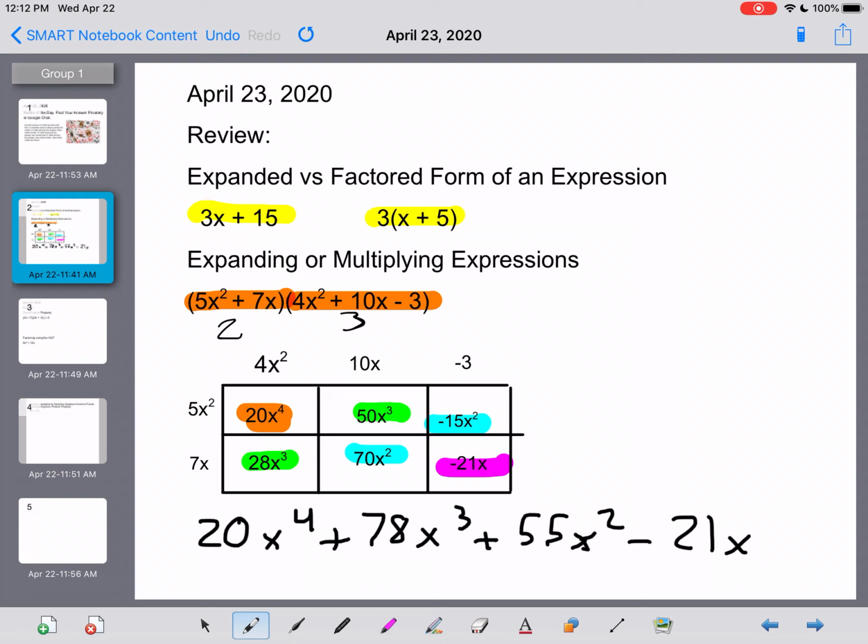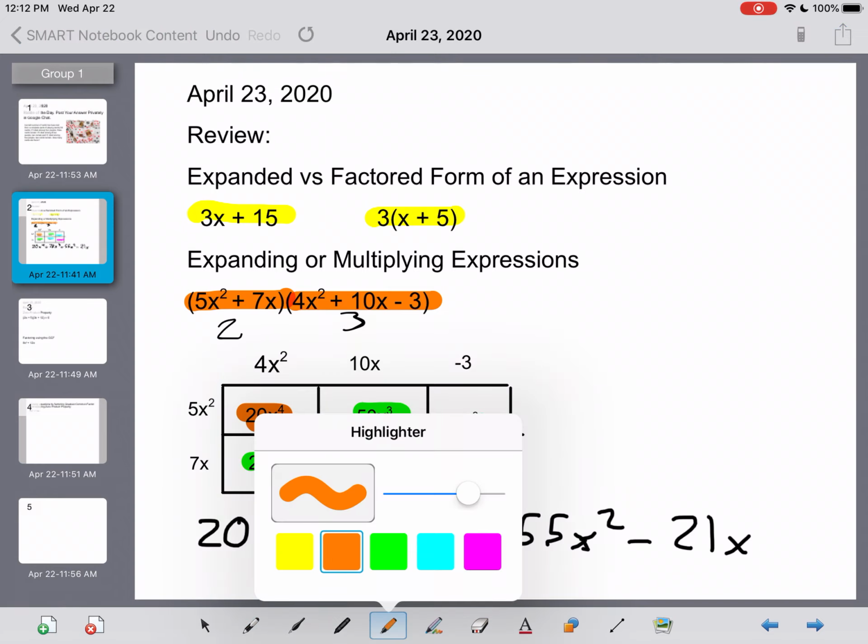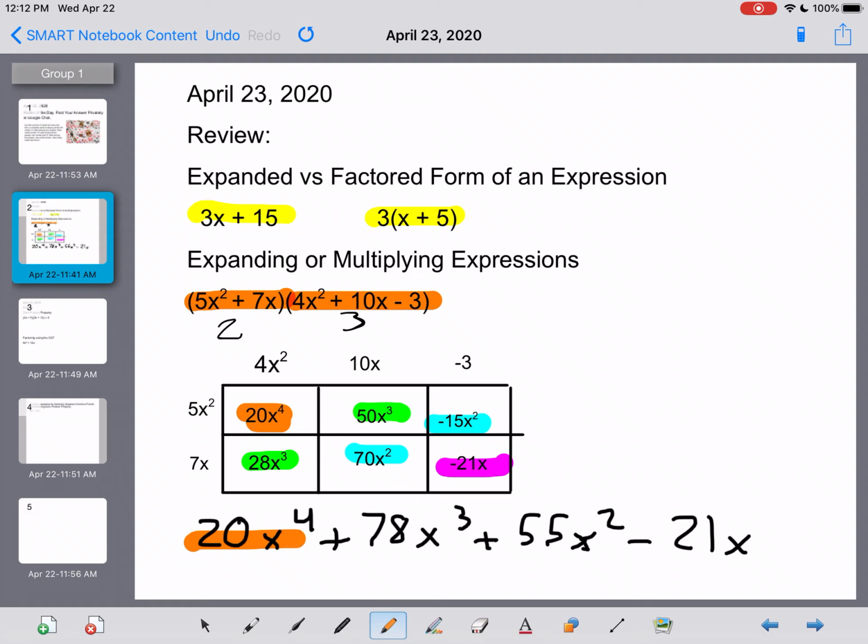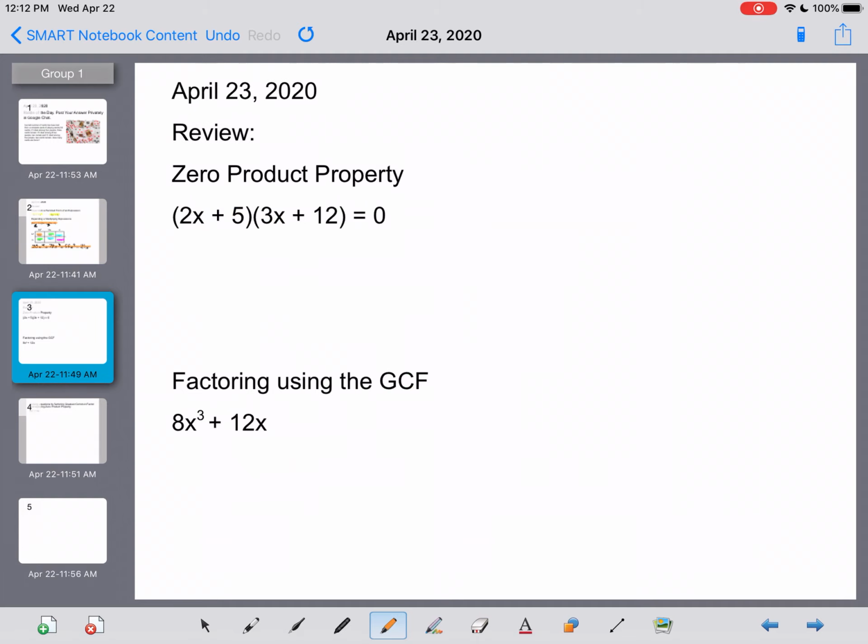All my like terms have been combined. So that means the expression, the quantity of 5x squared plus 7x times 4x squared plus 10x minus 3 is equivalent to the one I've created below, 20x to the fourth plus 78x to the third plus 55x squared minus 21x.